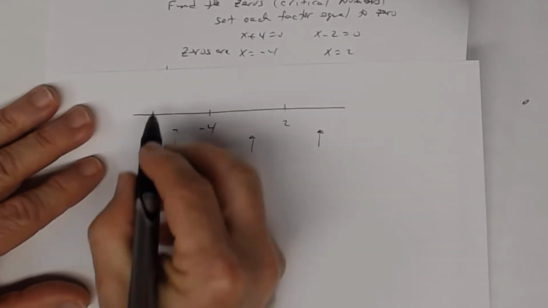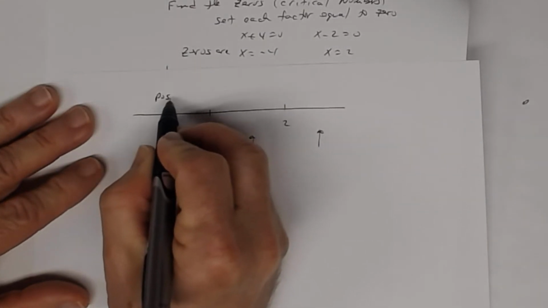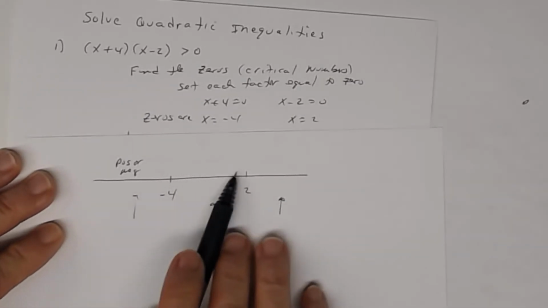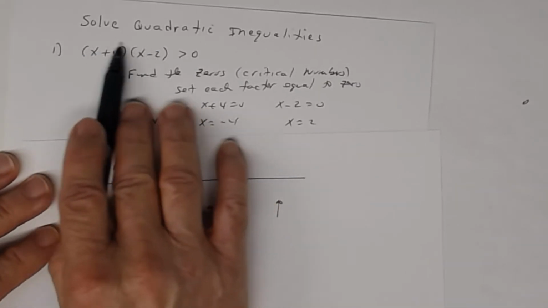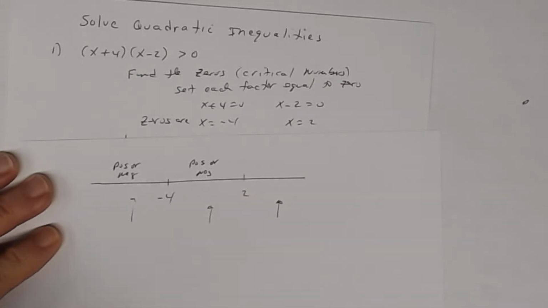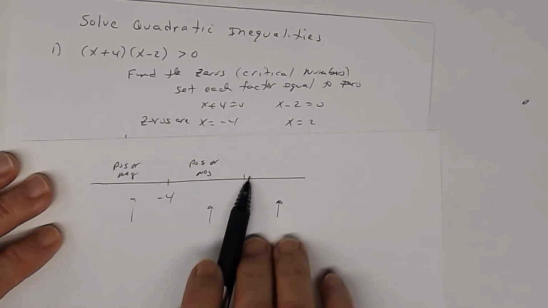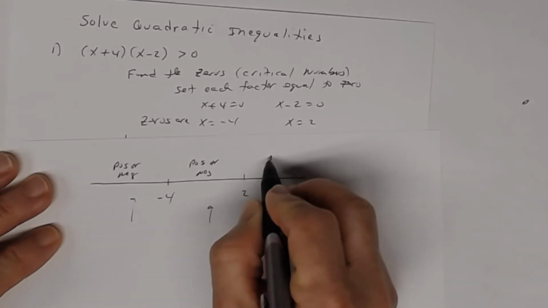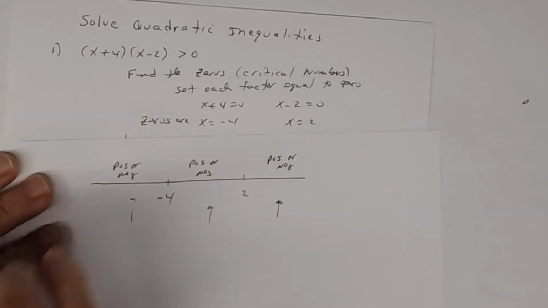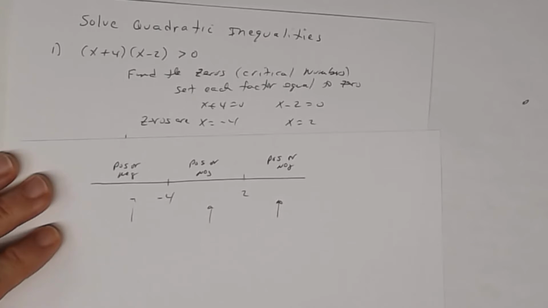That's the question. In this interval, is this product positive or negative? That's what you have to answer. In this interval, from 2 to infinity, is my product positive or negative?